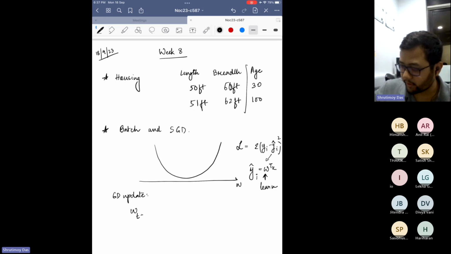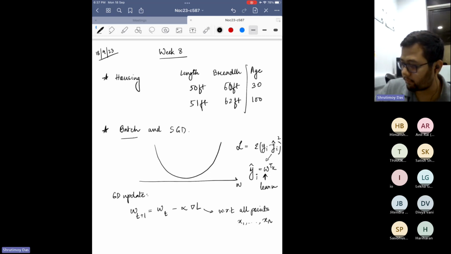Your weights at the t plus 1 iteration are the weights at the t-th iteration minus some learning rate times the derivative of the loss. In batch gradient descent, you compute this loss with respect to all points, x1, x2, up to say n points.